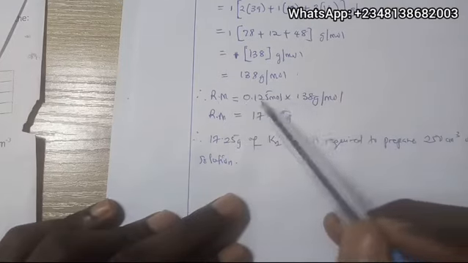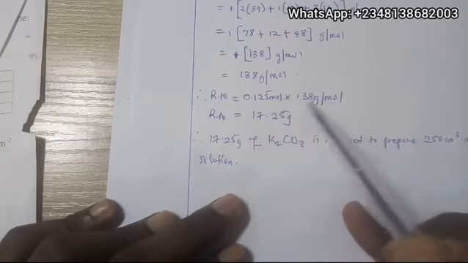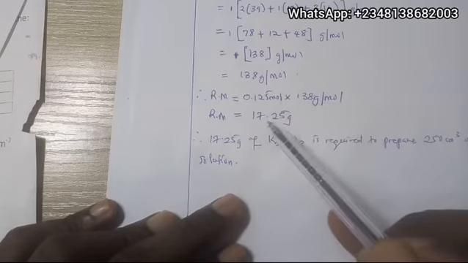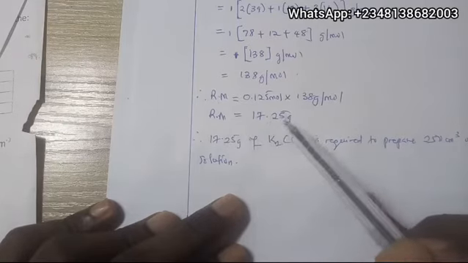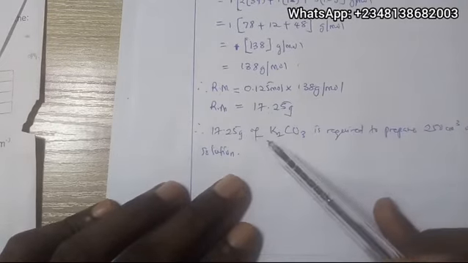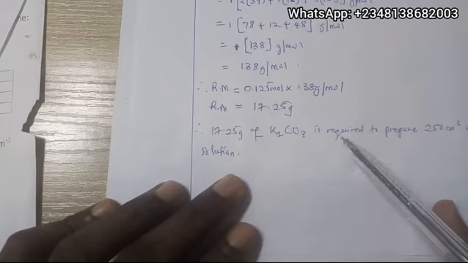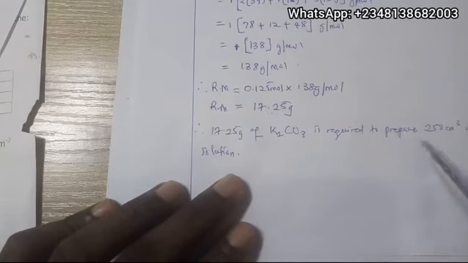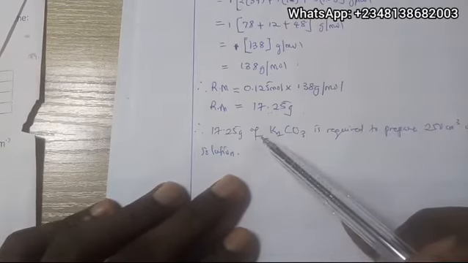Now, if you multiply this, it will give us 17.25 gram, because this is per mole, so mole will cancel mole. Therefore, the reacting mass is 17.25 gram, which implies that 17.25 gram of potassium trioxocarbonate(IV) is required to prepare 250 cm³ of a 0.5 mole per dm³ solution of potassium trioxocarbonate(IV).